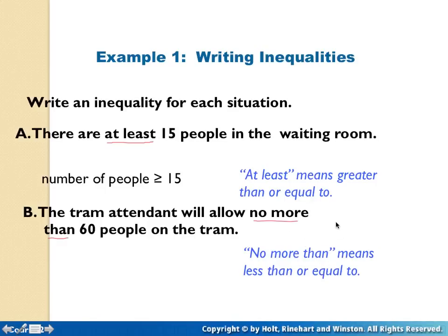So, 60 people would be okay on the tram, but 61 people would not be okay. So our solution would be that the number of people is less than or equal to 60. Again, 60 would be okay, but 61 would not be okay.